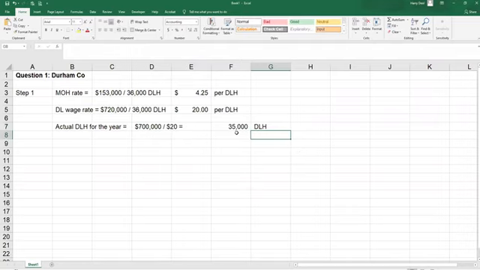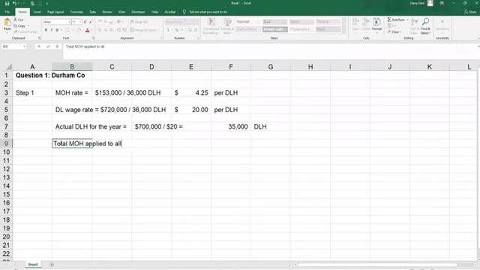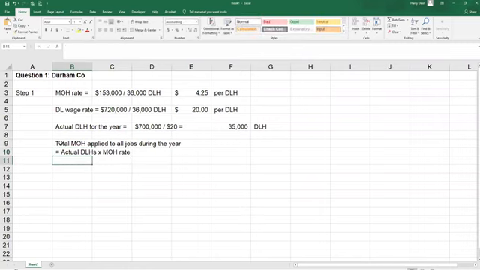Now, this was important because we needed to calculate the total manufacturing overhead applied to all jobs during the year. That would have been applied based on the actual direct labor hours times the manufacturing overhead rate, which we just calculated.